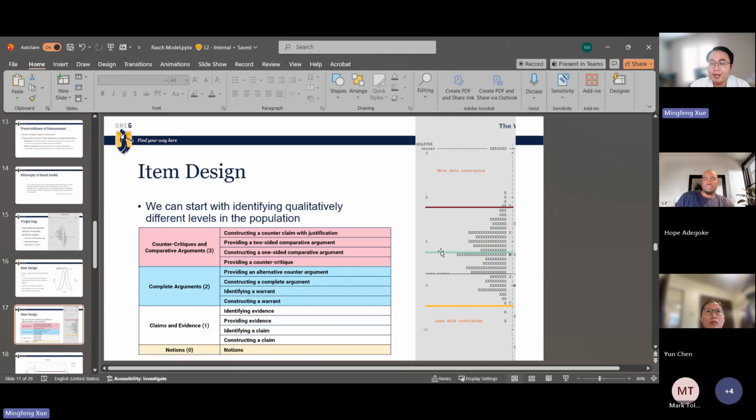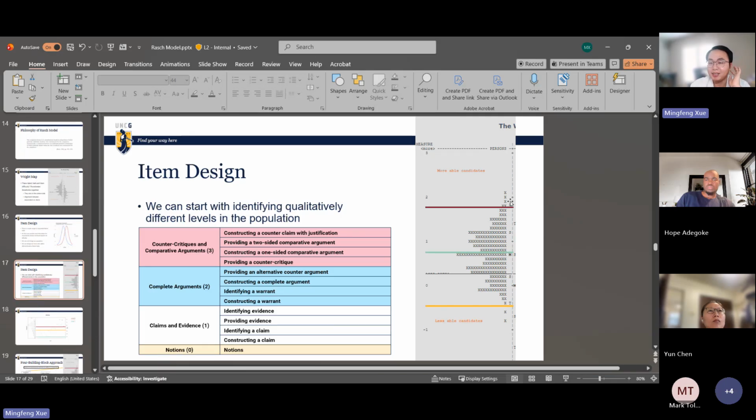Between the blue and orange, claims and evidence; complete argument between the red and blue; and finally above the black, we have the highest level. So after some theory building we might have 4 levels, and then we can design items to assess different levels, to better reflect the different characteristics of each level.